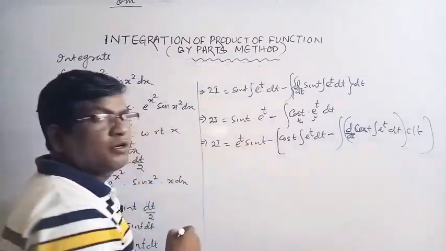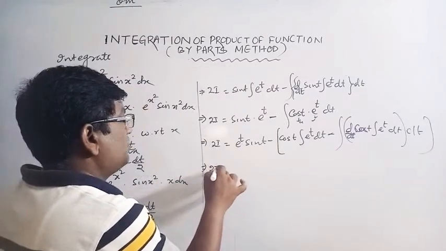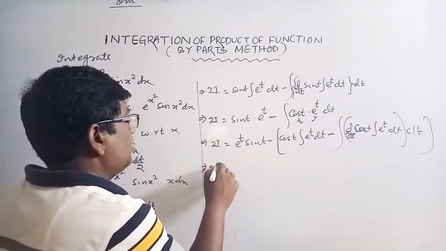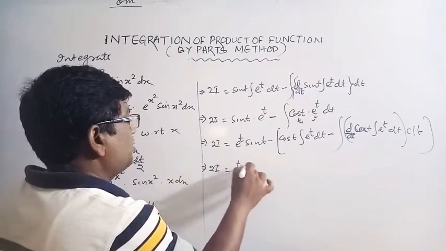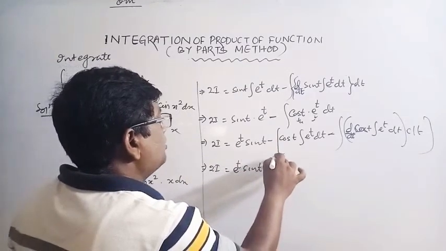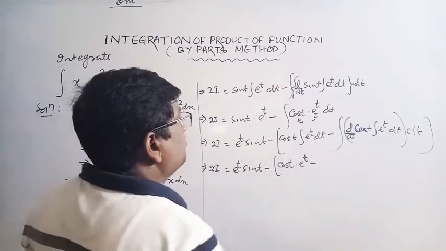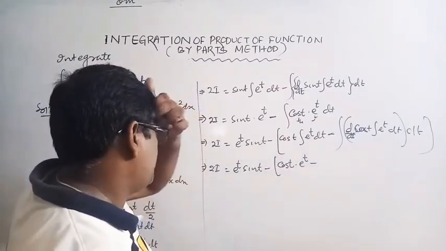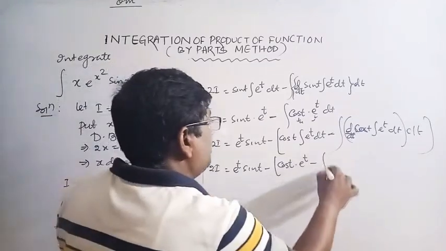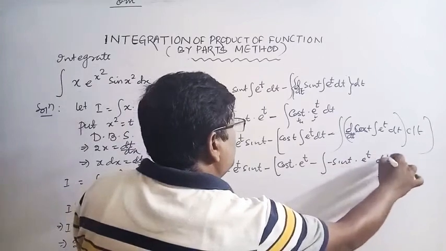Now this is equal to 2I is equal to e to the t sin t, and this is cos t e to the t minus the derivative of cos t, which is minus sin t, into e to the t dt.